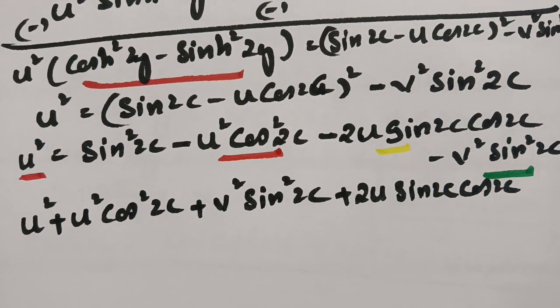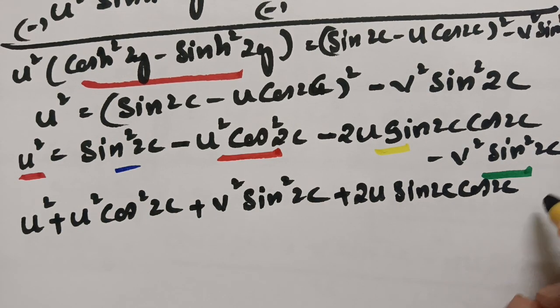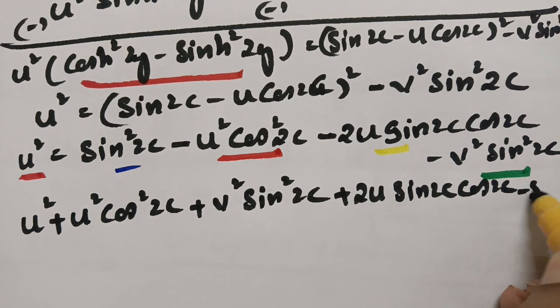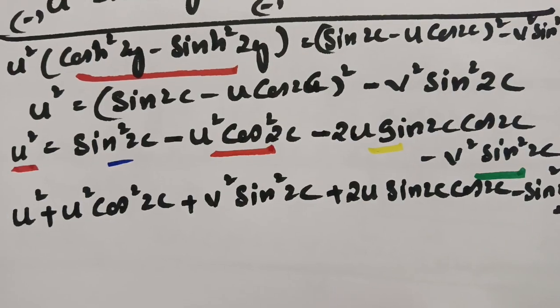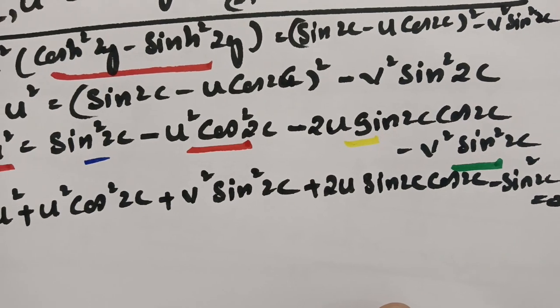And what is left over here is a square sine square 2c, which, if I send to the other side, becomes minus a square sine square 2c is equal to 0, and the 1 also moves across.